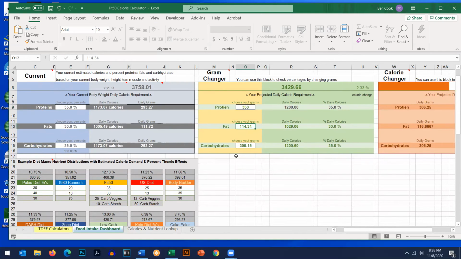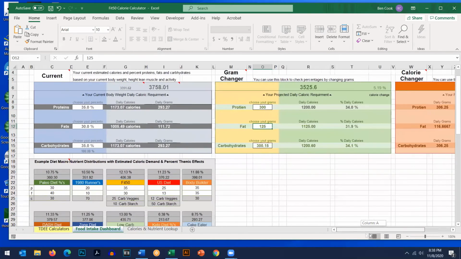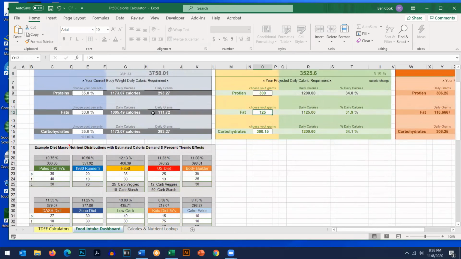Maybe I want to take in 125 grams of fat, and that's changing our calories here and changing our calories up here. So these three boxes on the food intake dashboard are allowing you to do some caloric and gram manipulations to fine tune your diet so that you know exactly how many grams of each substrate, macronutrient, carbohydrates, fats, and proteins that you need to take in each day.